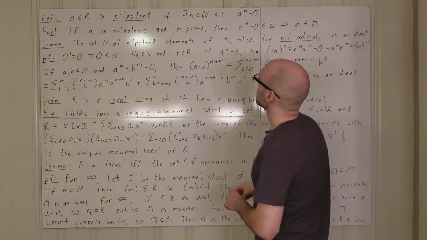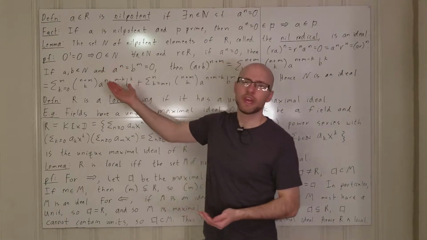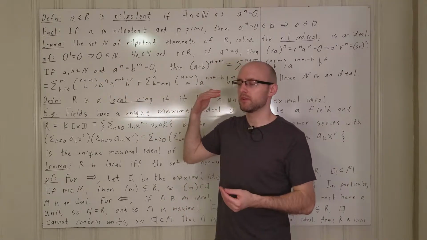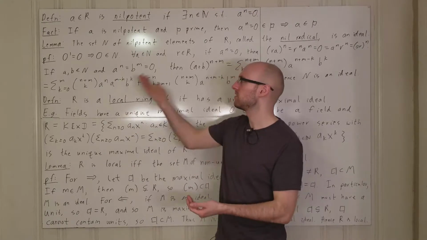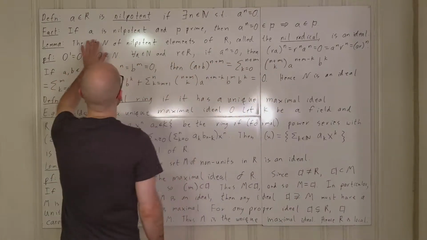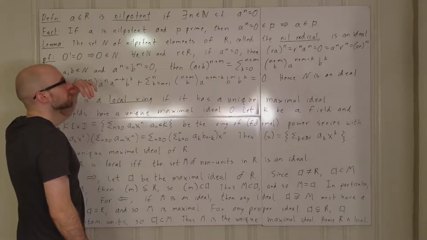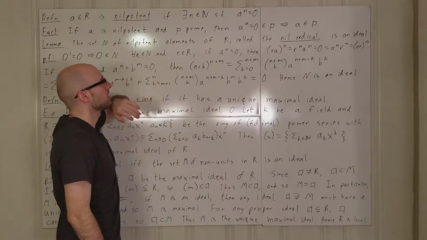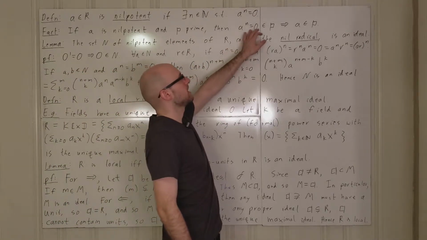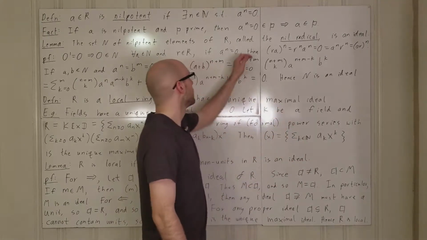It turns out that, and I put this as a fact because if I were to state it as a proposition, it would take up no more than one line. So if we have a nilpotent element a and any prime ideal P, then we know that a to the n is 0 for some natural number n, because that's what it means to be nilpotent.